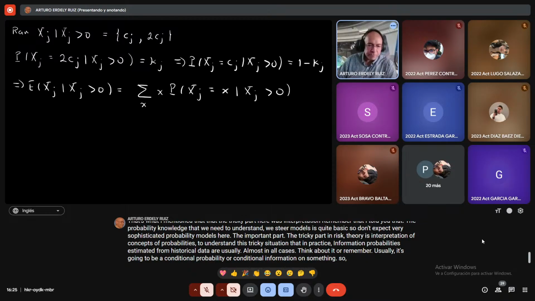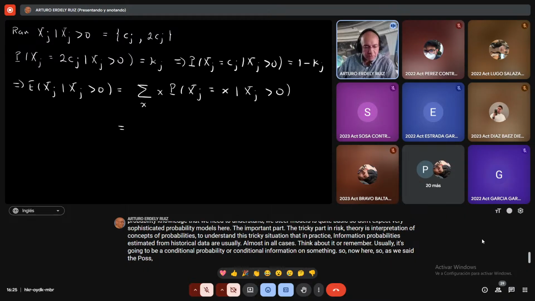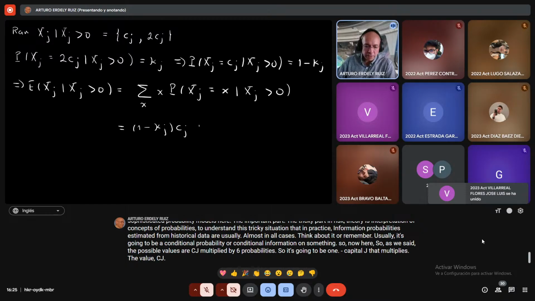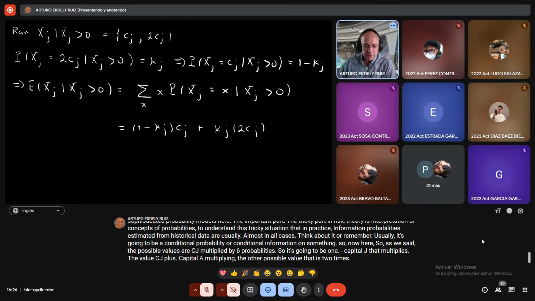So now here, as we said, the possible values are Cj multiplied by its probability, so it's going to be 1 minus kappa j that multiplies the value Cj plus kappa j multiplying the other possible value that is 2 times Cj.